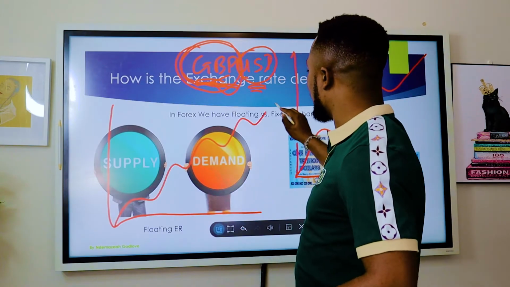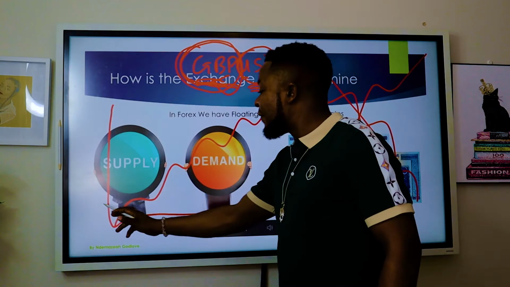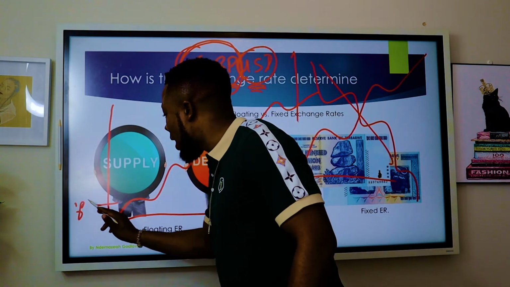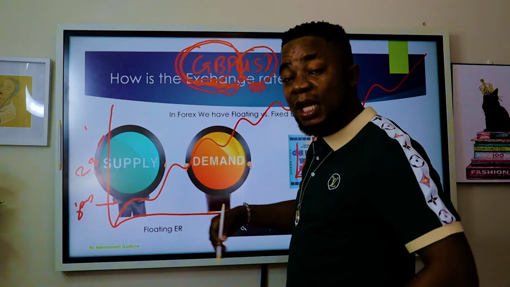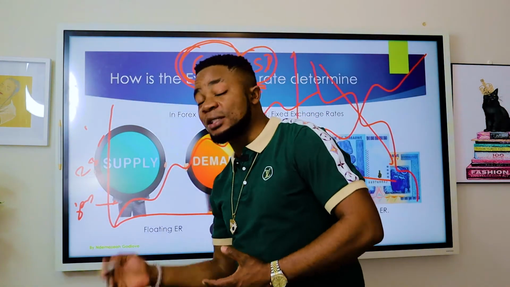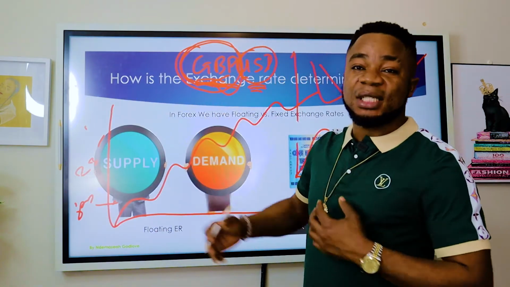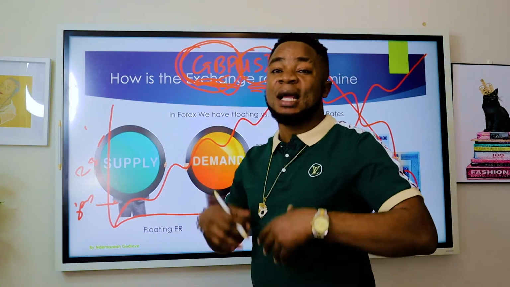As the years go by, 2000, 2005, many people are purchasing the United States dollar, and as such the exchange rate between any particular currency and the United States dollar keeps going up.